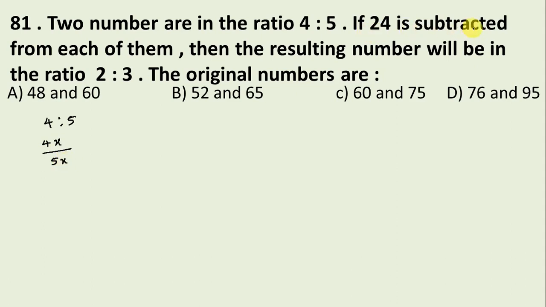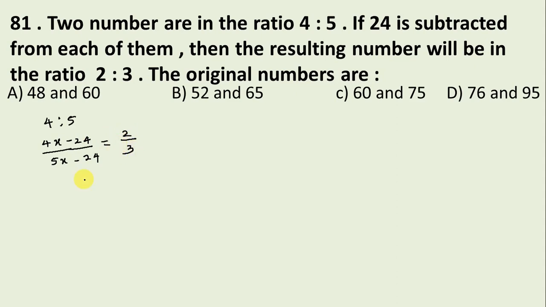If 24 is subtracted from each of them, we subtract 24 from both, then the resulting ratio will be 2:3.